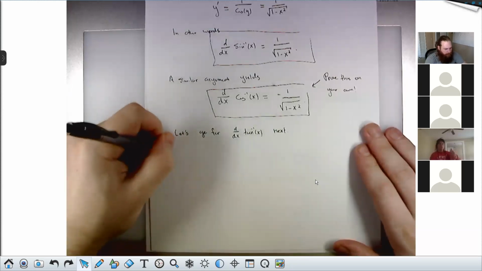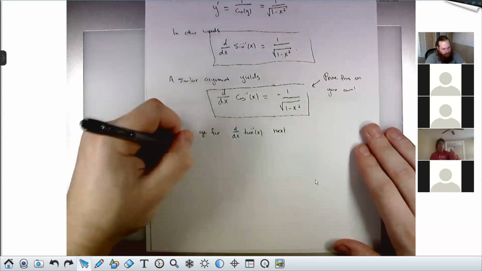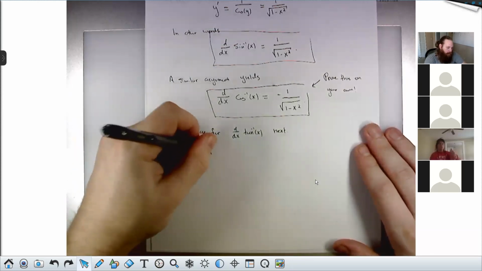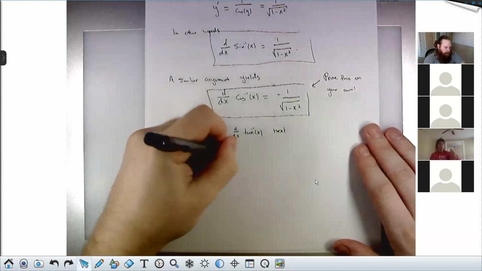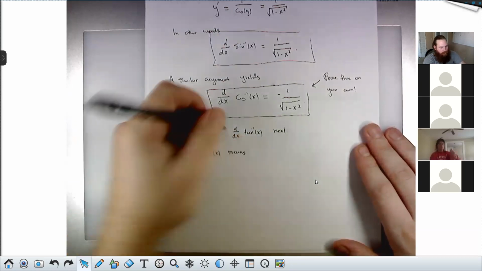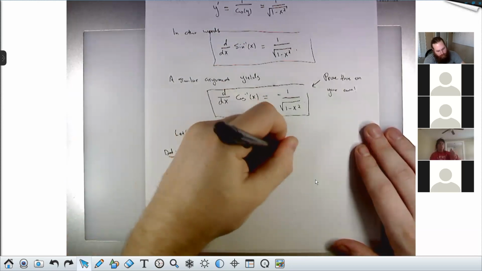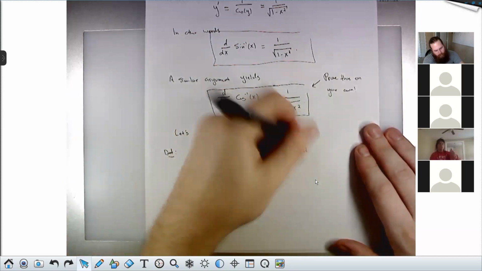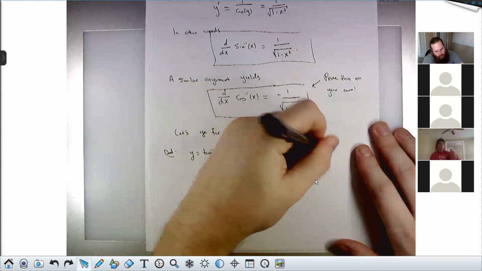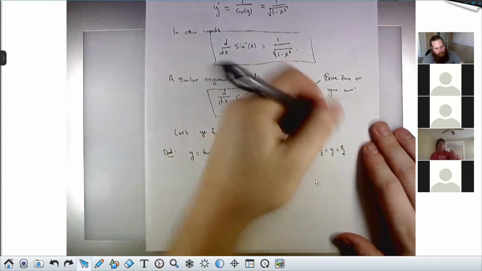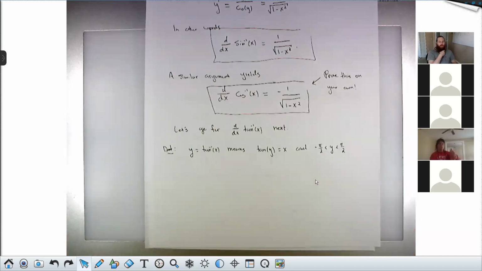So the definition of the inverse tangent function, y is equal to the inverse tangent of x, means that the tangent of y is equal to x and negative pi over 2 is less than y is less than pi over 2. Very similar to the inverse sine function, only now we have strong inequalities instead of weak ones.